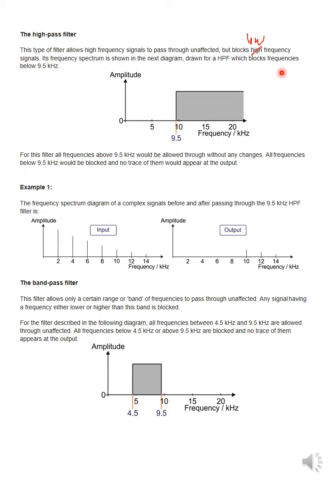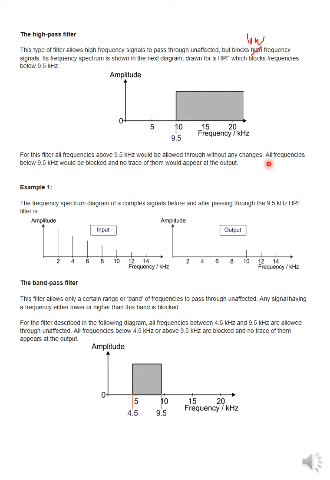So what it is doing is allowing high frequency signals to pass through unaffected but blocking low frequency signals. Its frequency spectrum is shown in the diagram below, which blocks frequencies below 9.5 kilohertz.